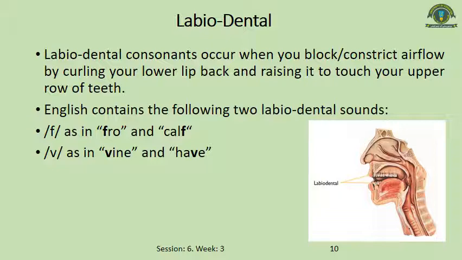By curling your lower lip back and raising it to touch your upper row of teeth. F, as in two words, fro and cough. Fro and cough. And V, as in vine and have. Vine and have.